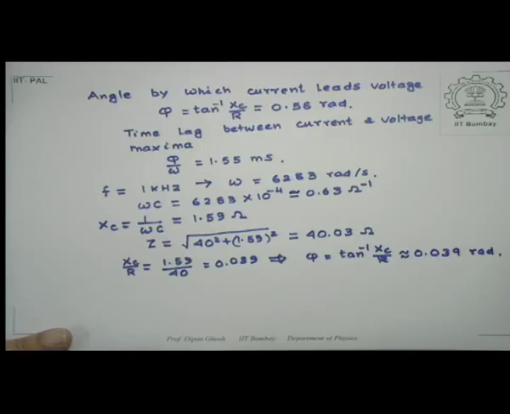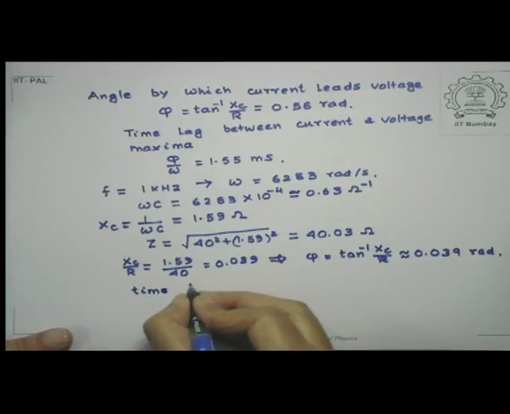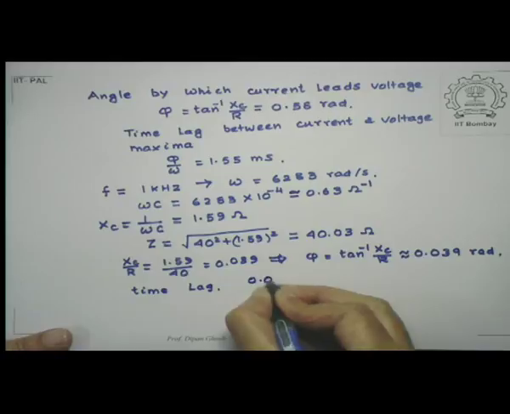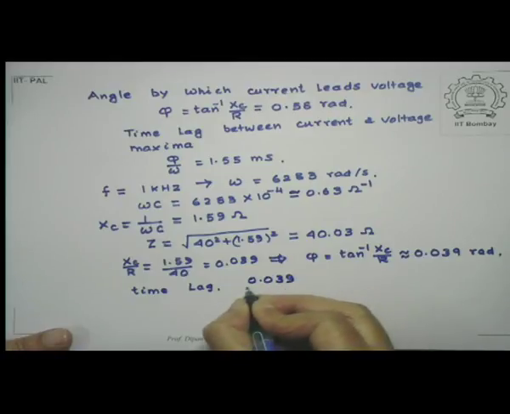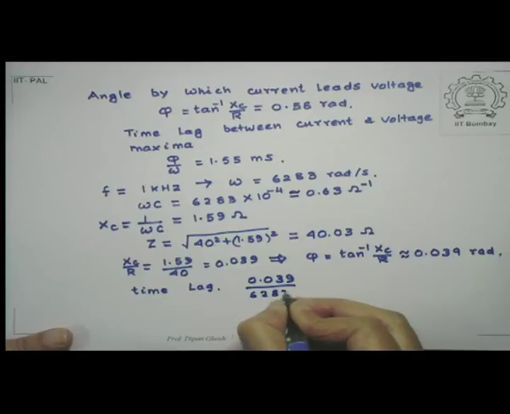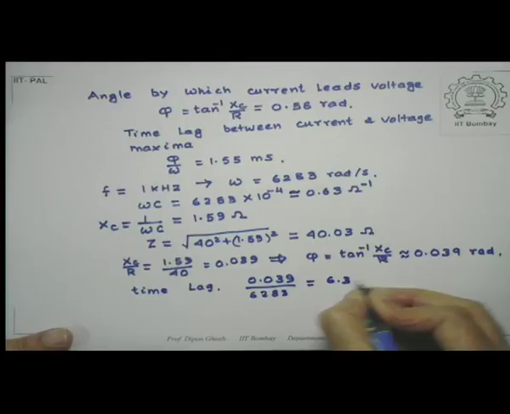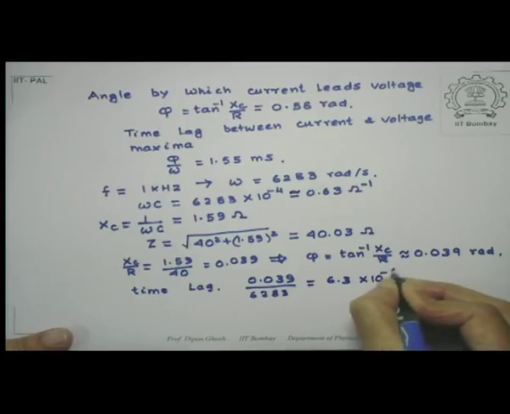And the time lag that you get now is given by 0.039, that is phi, divided by 6283, and that's equal to 6.3 into 10 to the minus 6 seconds.